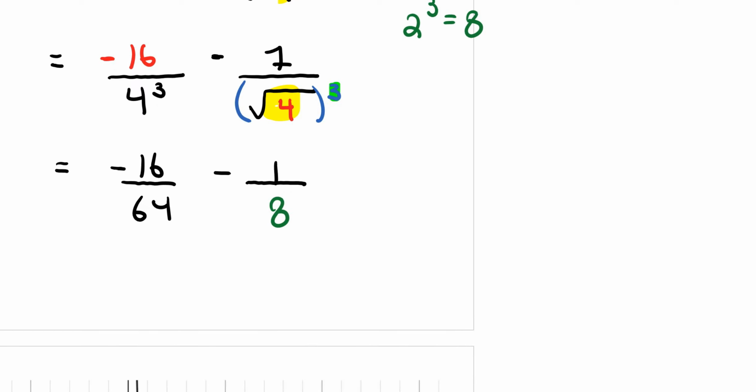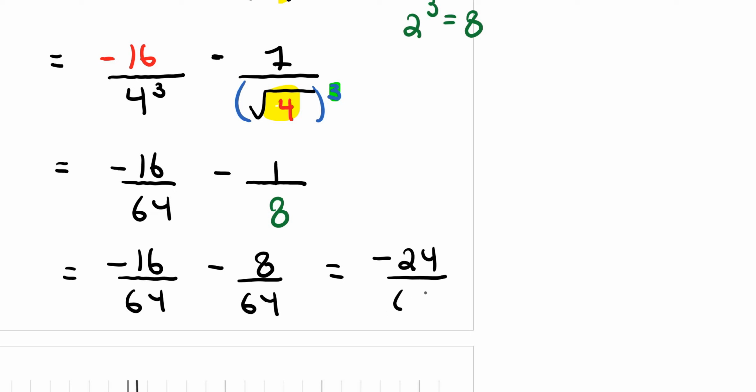And let's see if we can get ourselves a common denominator here. So maybe negative 16 over 64 minus 8 over 64. And then I'm just going to use a calculator here and find the numbers. This is negative 24 over 64.